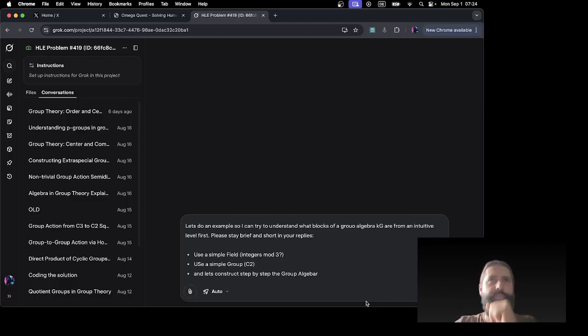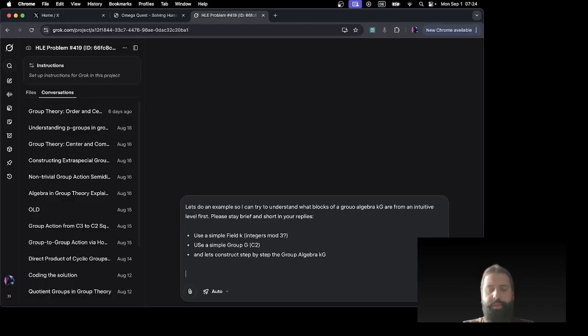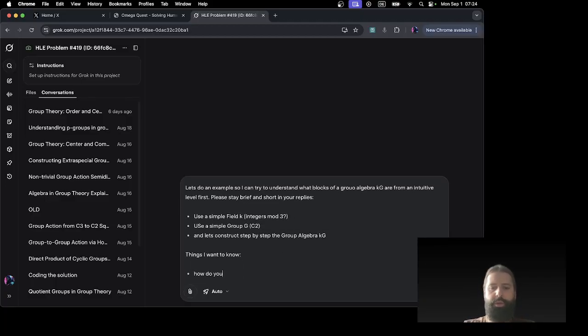Let's construct the group algebra. Field K, group G, KG. Let's go slow. What I want to know is: how do you combine the elements of K and G?